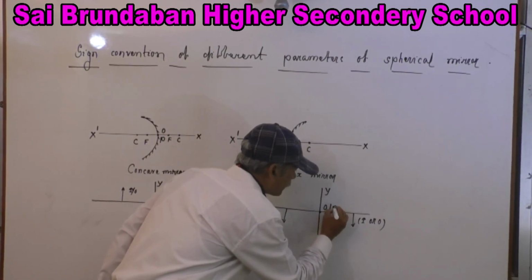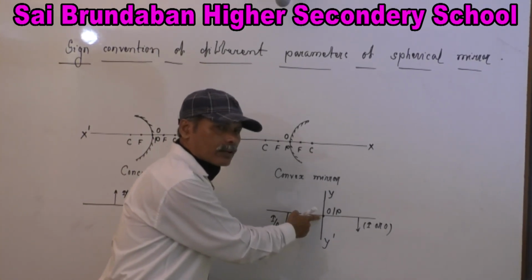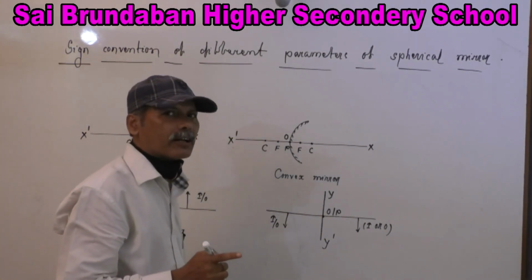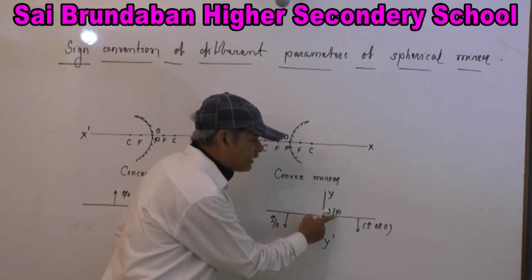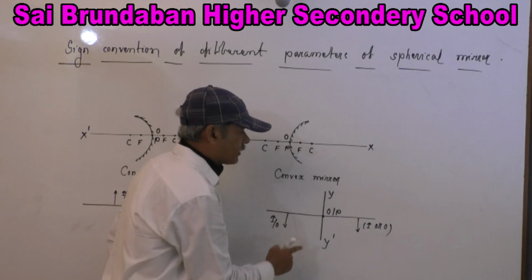Actually it is the pole, but to know the sign convention, we have to consider the pole as the origin. This is the y-axis.